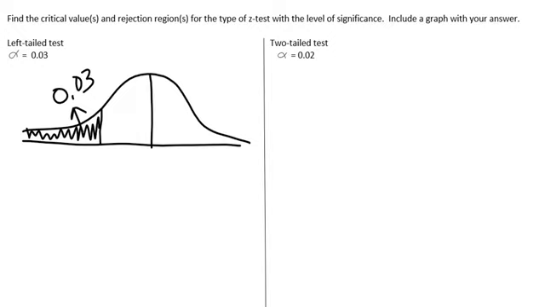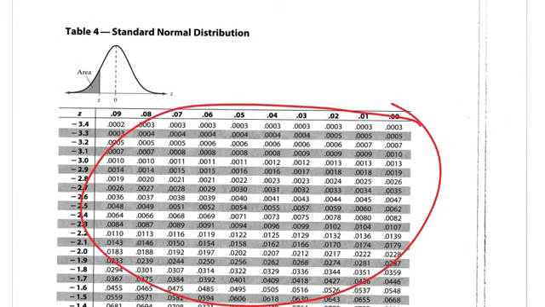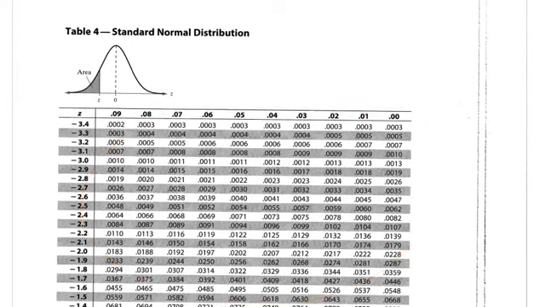Now, what we want to do is find what the critical value is, and the critical value is that z value that corresponds to the area of 0.03. Let's go to our chart. Here's my chart, and I'm going to look in the body, the middle portion, and try to find the value that's as close to 0.03 as possible.